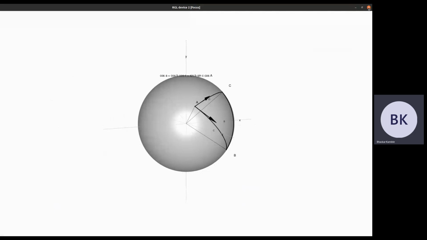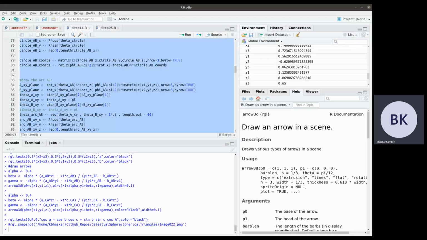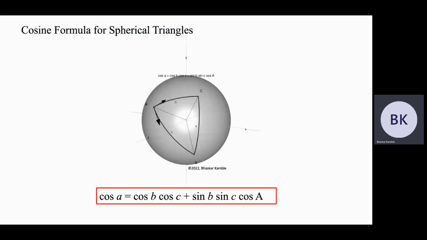So carrying further, now there is a basic result of spherical trigonometry known as the cosine formula for spherical triangles, which I have presented here in this formula. It states that the cosine of the side small a, remember that the side is actually the angle, this one.